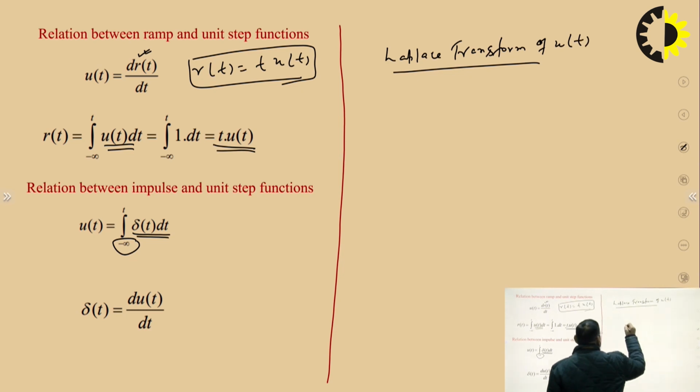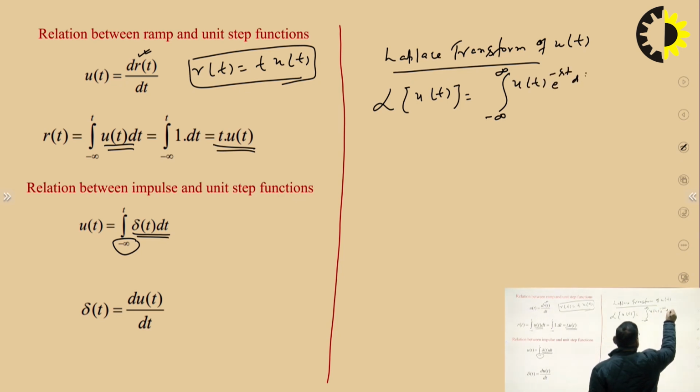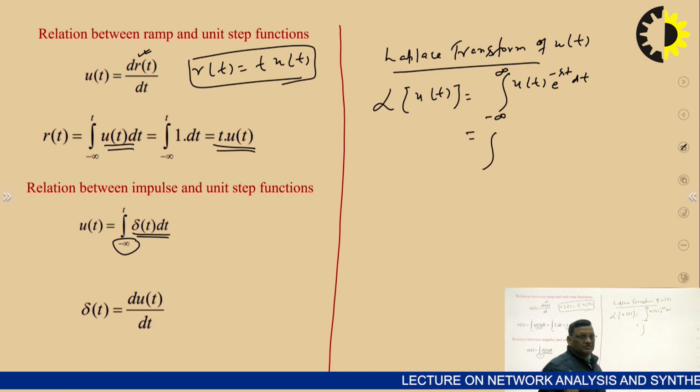This is the definition: ut e power minus st dt. We can see that this unit step is defined for t greater than 0, and for t less than 0 its value is 0.